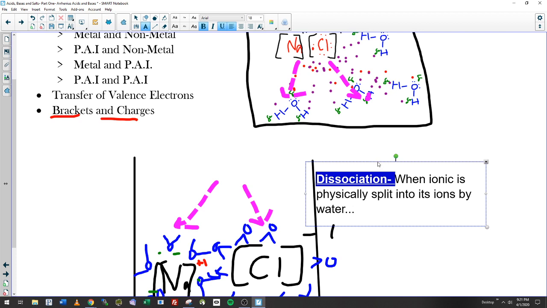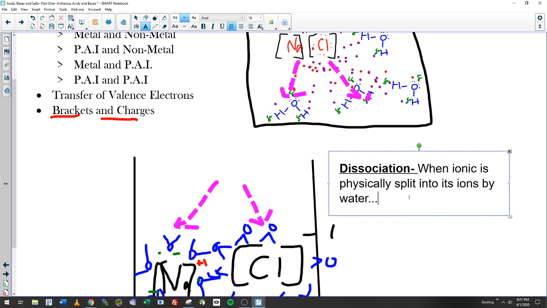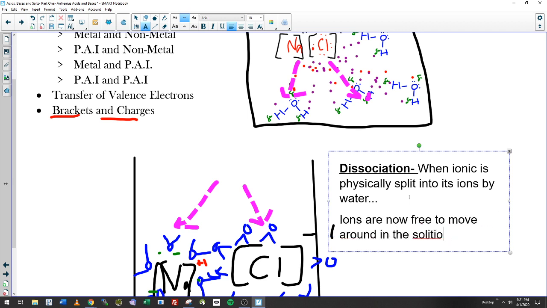But here's the bigger message and the bigger take-home idea of why this is so important. When ionic substances physically split into its ions in water, the ions are now free to move around in the solution. I need to go back here.